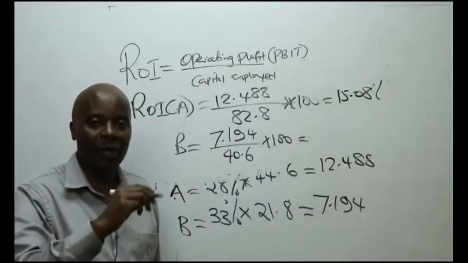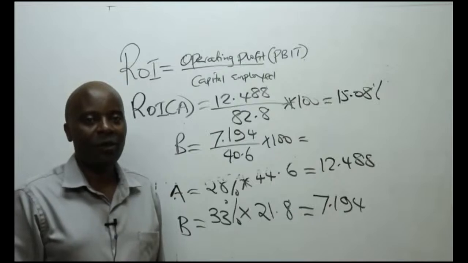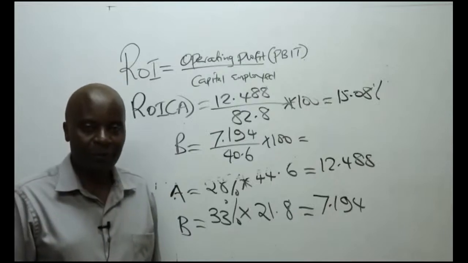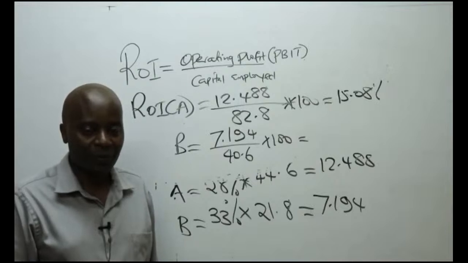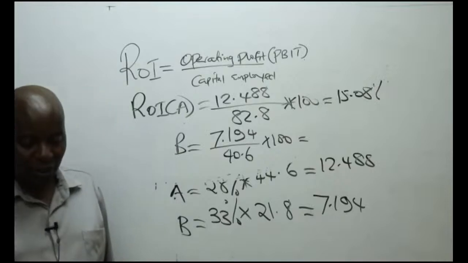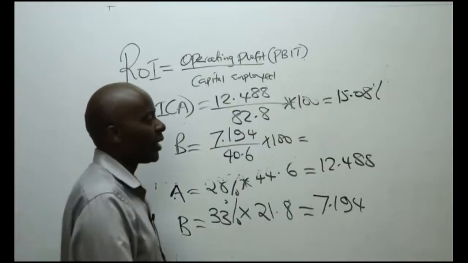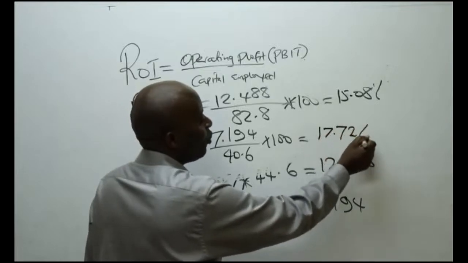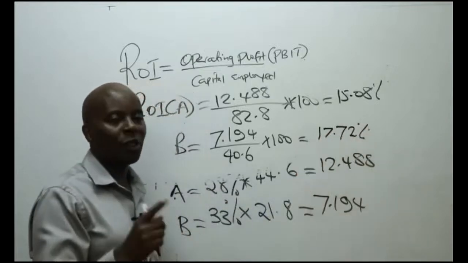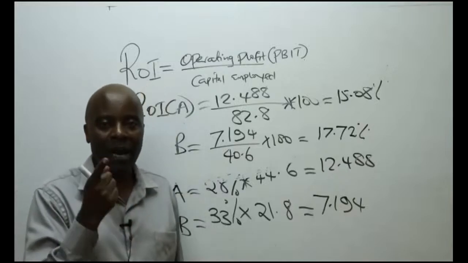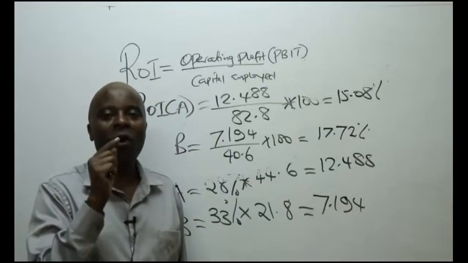ROI for B, you simply write B equals. What do we have there, my friends? 17.72%. So between the two divisions, which division will you tell us is performing much better than the other on the basis of ROI?